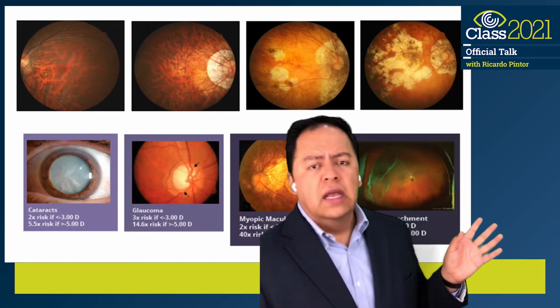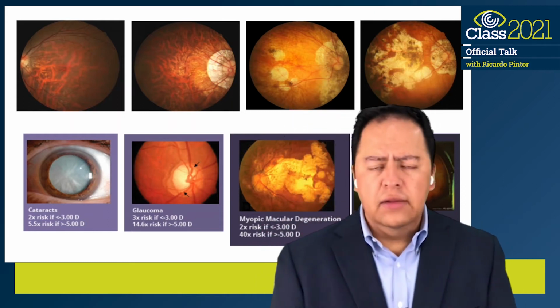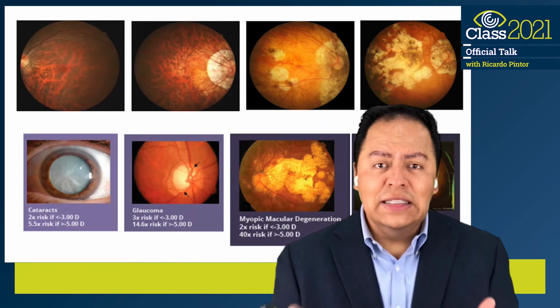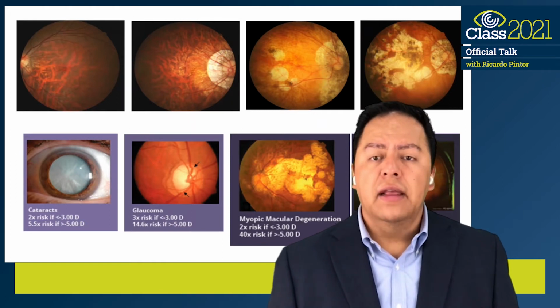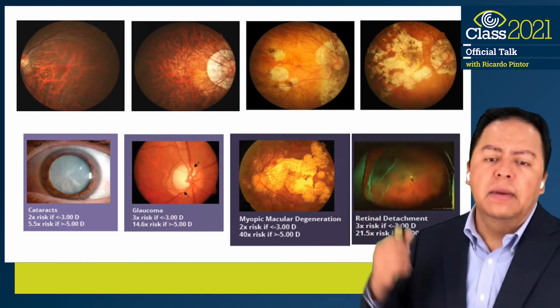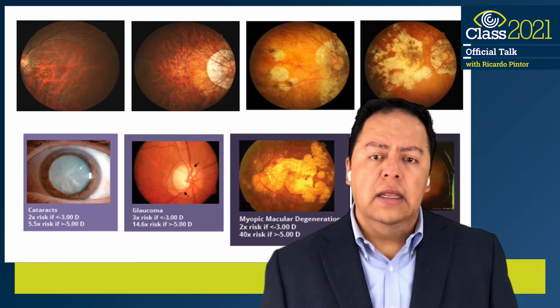Here then, as you can see, we have some of the conditions, such as the tessellated fundus of the myopia, the choroidal conditions such as myopic macular degeneration, through to cataracts and also glaucoma and even retinal detachment.